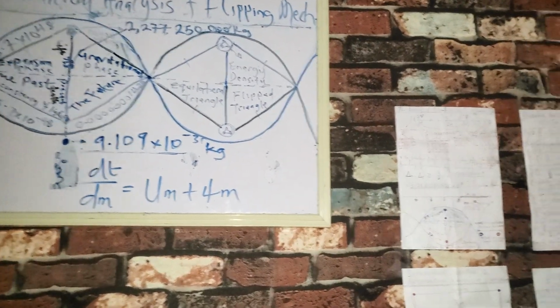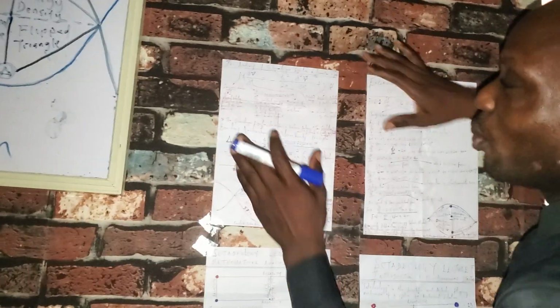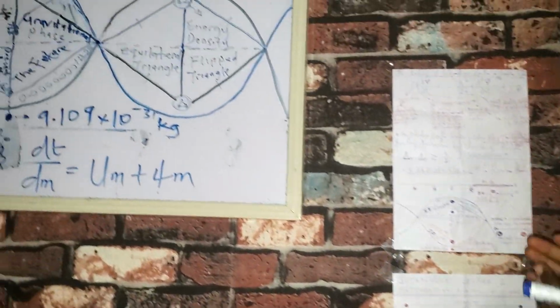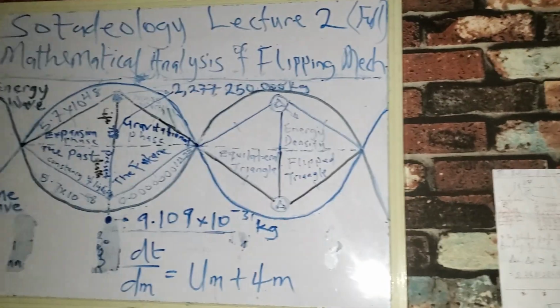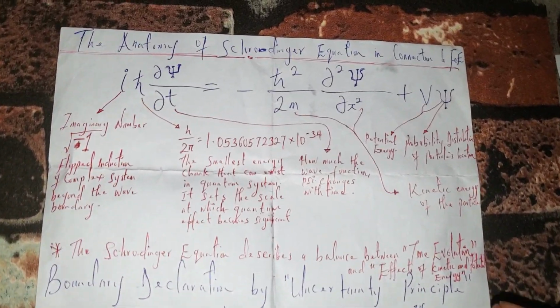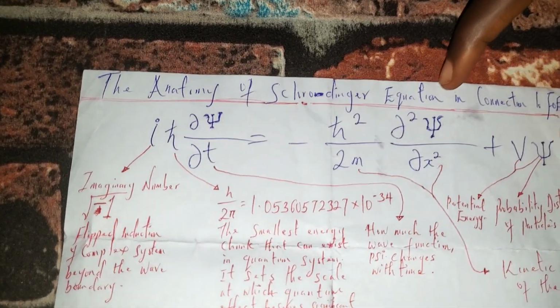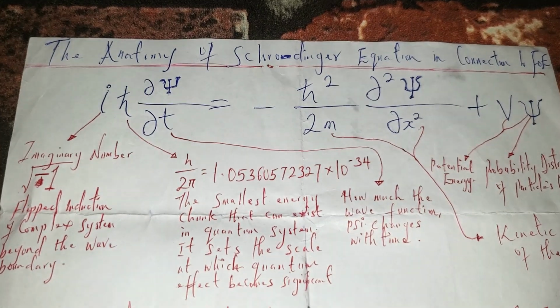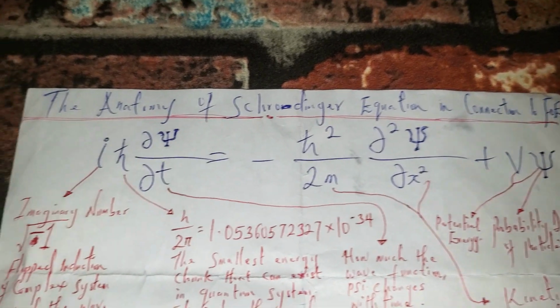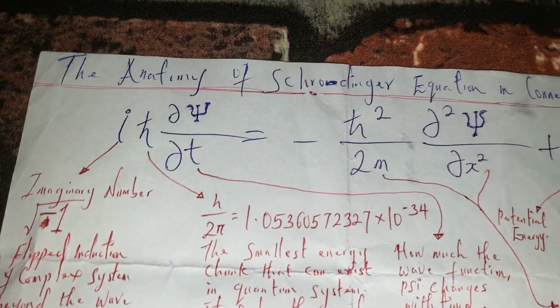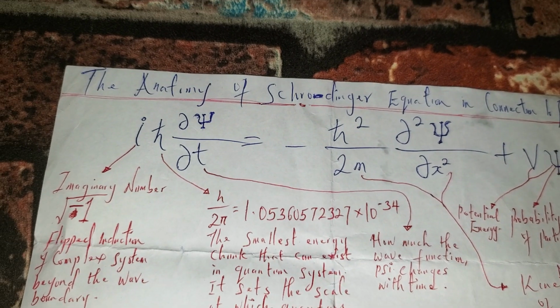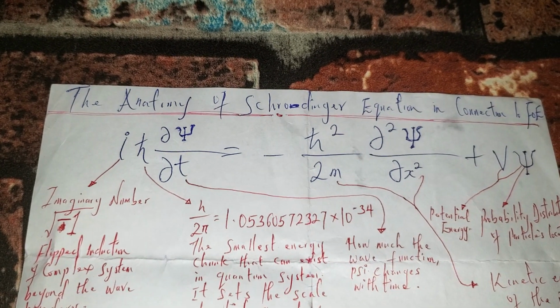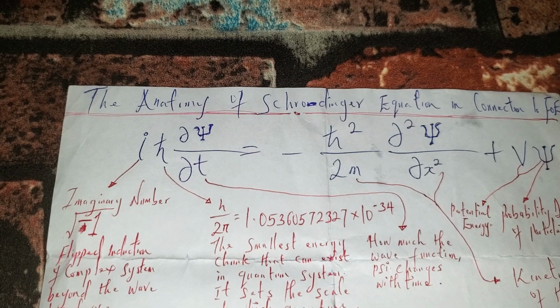So now, before I go deep into Sotadeology Lecture 2, I want us to relate our results from the formula of everything to the Schrodinger equation, how that is related to it, and we're going to use the uncertainty principle limit to gauge the results that we get.